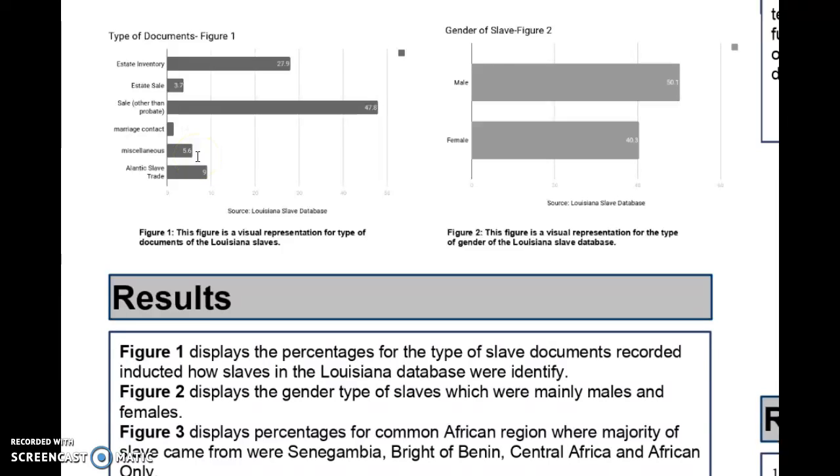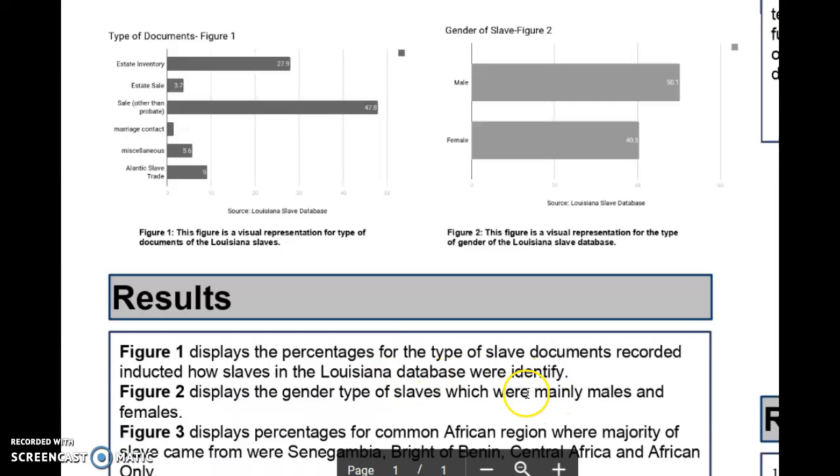So during this time period, the types of documents they were identifying were based off of all different categories. Nothing was straightforward, but mostly all slaves were sold. In my results, I said to display the percentage for the types of slave documents recorded to indicate how slaves in the Louisiana database were identified.